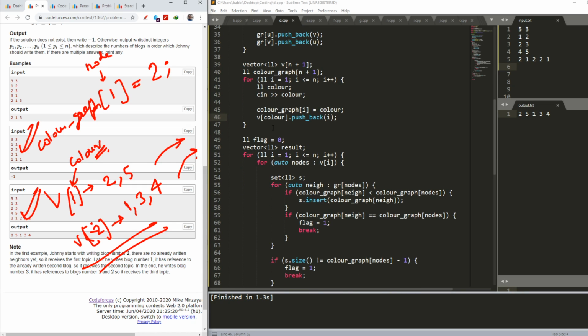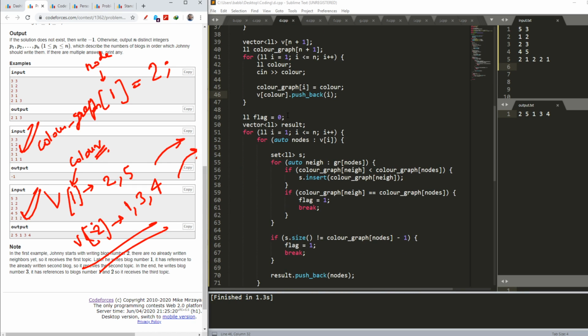Now I will mark my flag as 0. If at last my flag remains 0, then my answer would be 1, and my result will store the order in which I need to check. As I clearly said, I will start with color 1, then move to 2, then 3. So my answer would always be like this: 2, 5, 1, 3, 4, as you can see here, in that order.